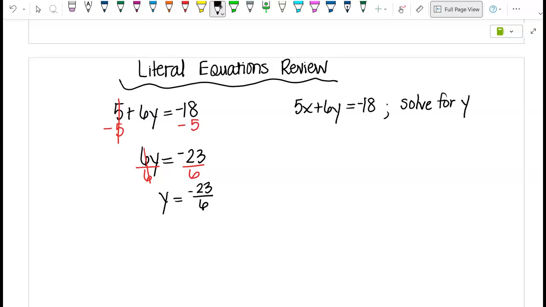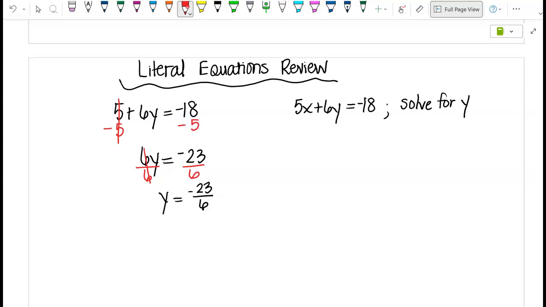So Jaylyn, what would be my first step in solving the equation on the right for y? Subtracting 5. What's next to it? X. So the first time we subtracted 5, because that was the only thing that was there. The only difference here is now we need to move the 5x.